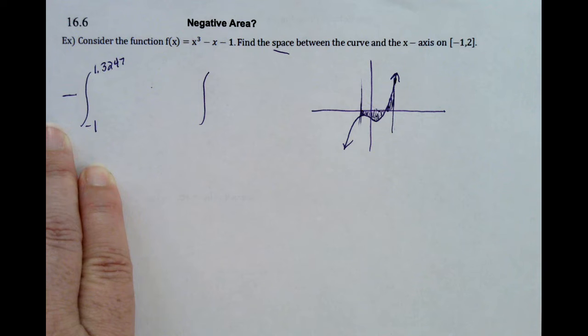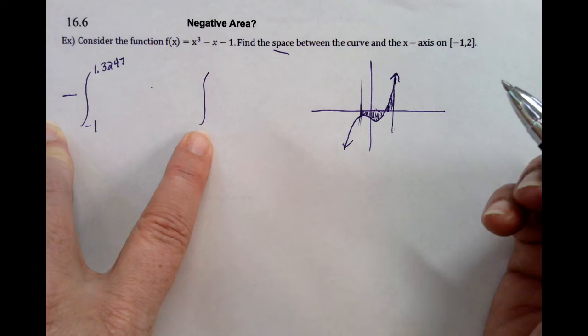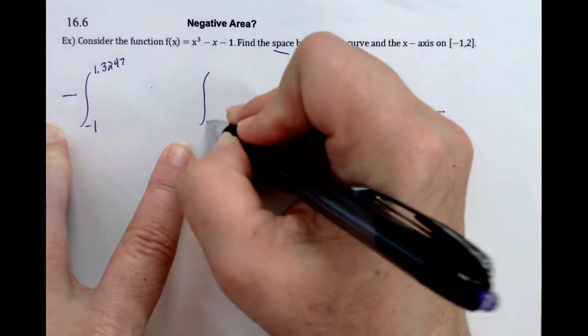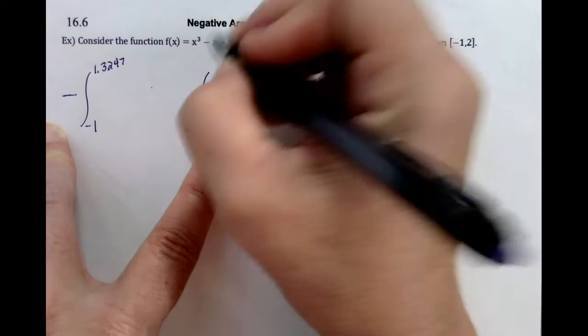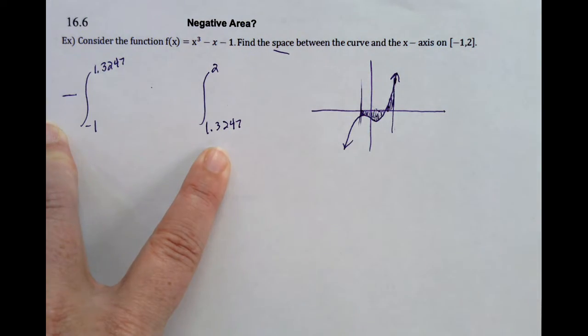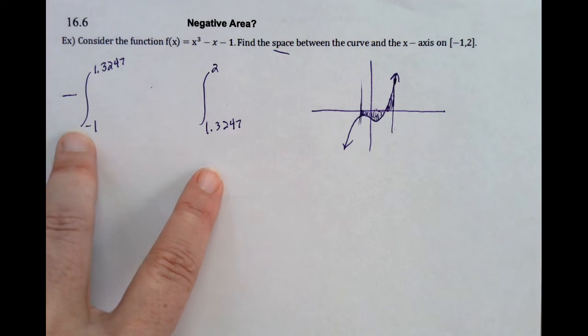That is a load of work on your graphing calculator, but you could. Then I'm going to do the integral from 1.3247 to 2, and it is a positive area, so I don't need to do that. Does that make sense?